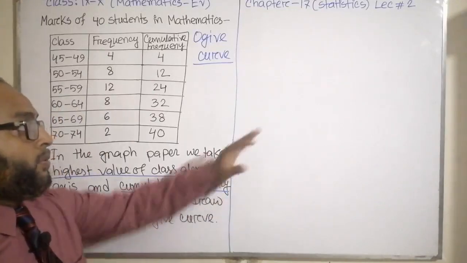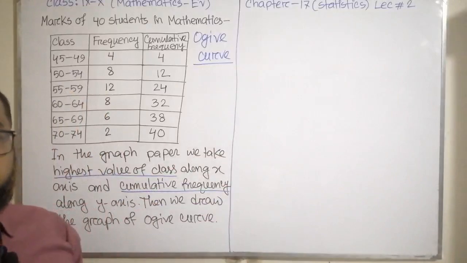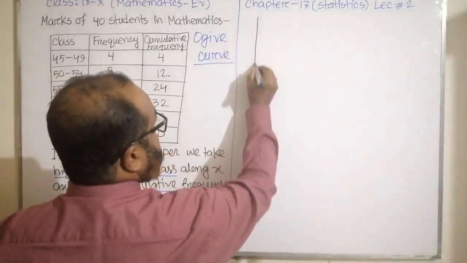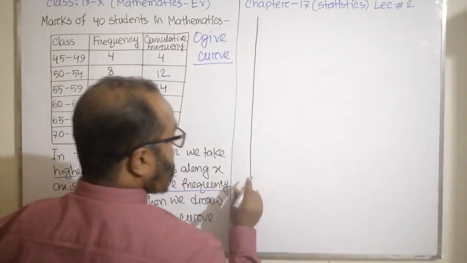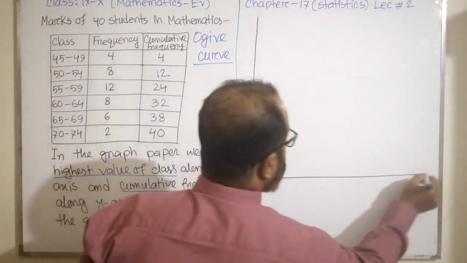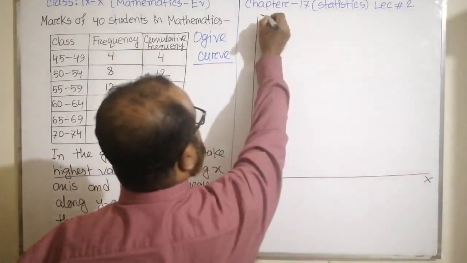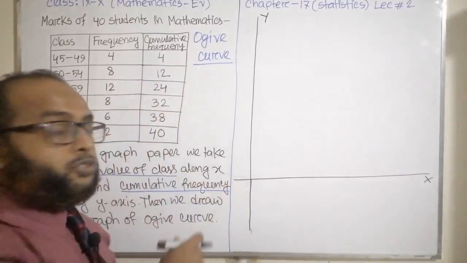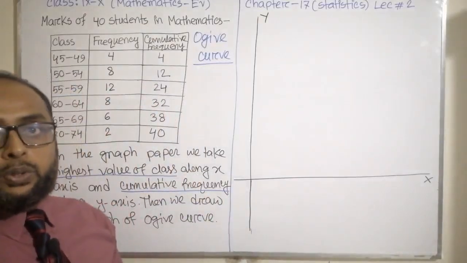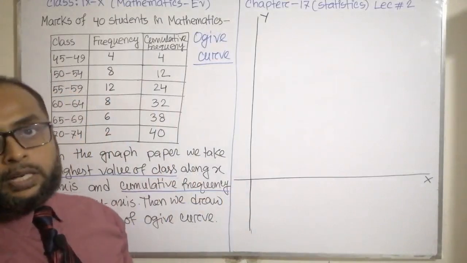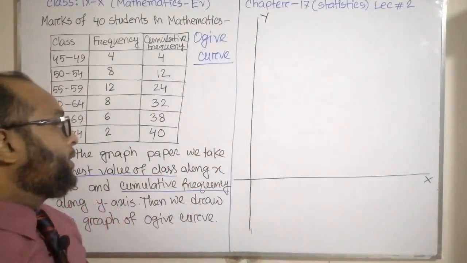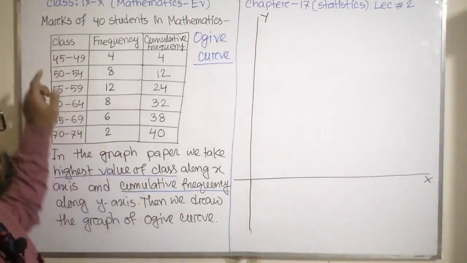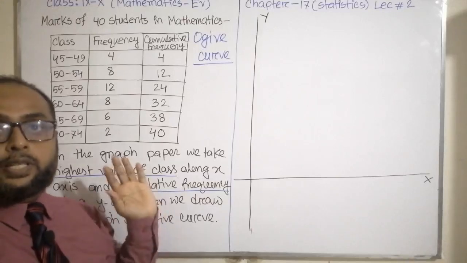Okay students, now consider this is our graph paper, and this is the y-axis and this is the x-axis. Before drawing a graph, we have to declare the scale of this graph. Here the class difference is 5, 45 to 49, so the class difference is 5.